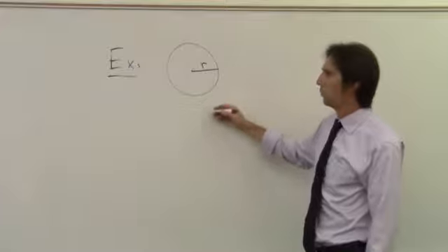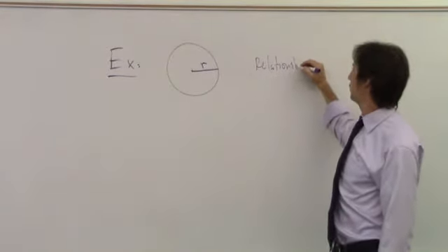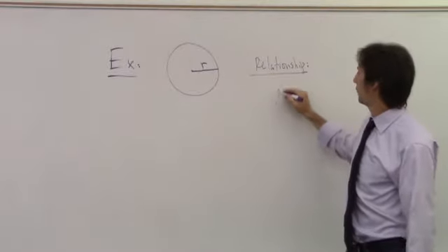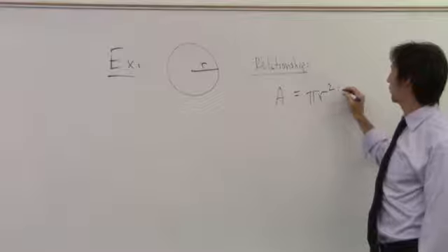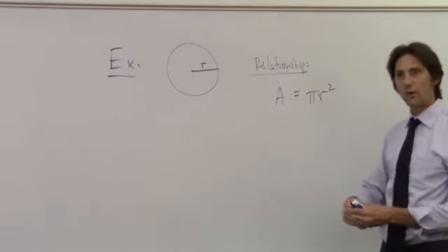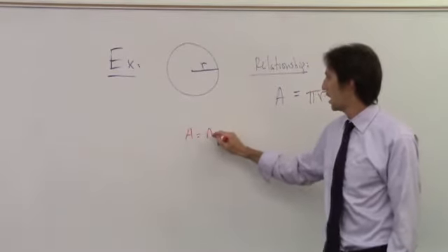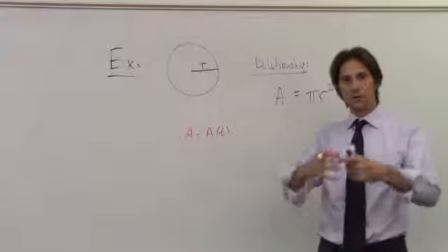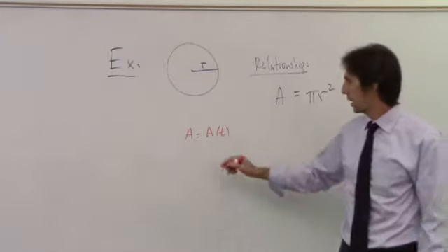And we're also told the relationship between the quantities of interest is the formula for the area of a circle. A equals pi r squared. Like in the previous problem, the quantities A and r are both functions of time. The oil slick is expanding, so the area is getting larger, as is the radius.